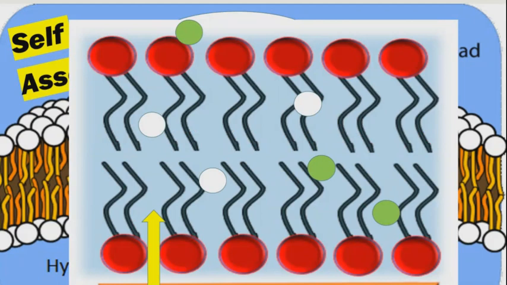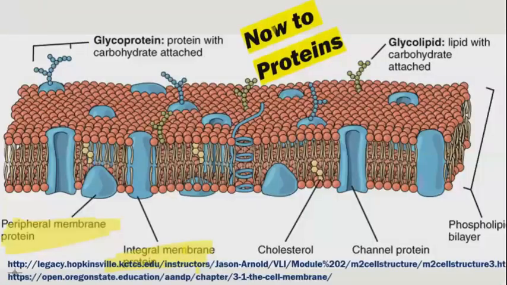However, very small polar molecules such as water or ethanol are able to move slowly through by passing through small gaps between phospholipids. But it's just important to know that the membrane remains fluid and the lipids and proteins in the cell membrane are not locked in place.